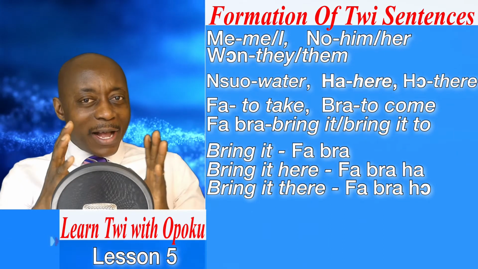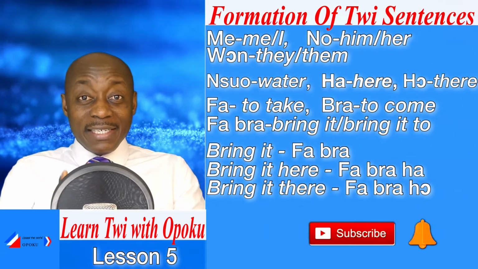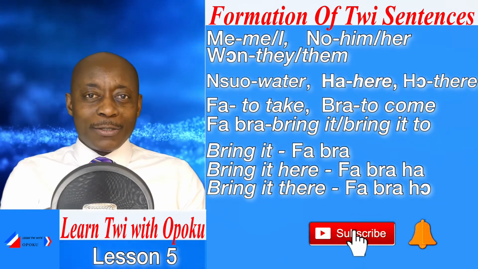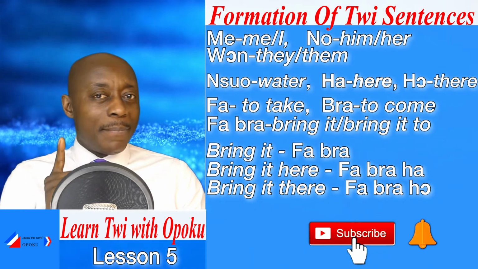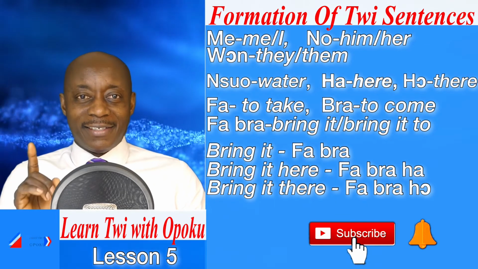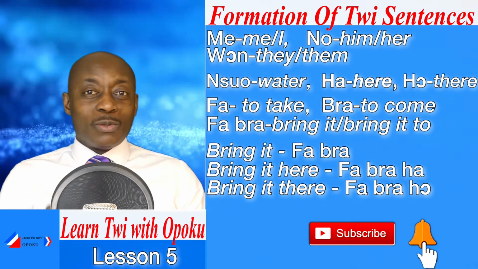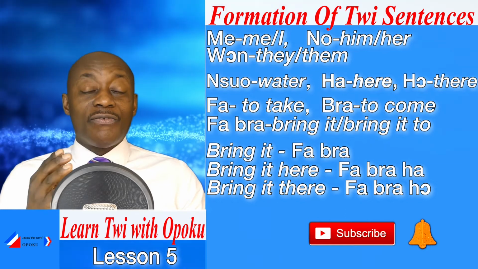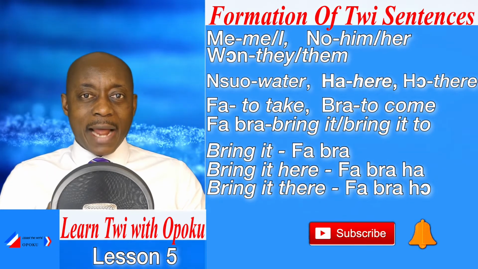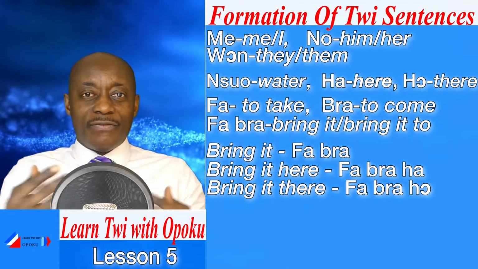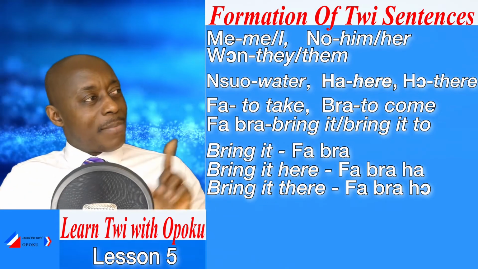Good. You have seen that in all these instances, you were asked to bring something to a place, not to a person. Whenever you are to tell someone to bring something to a place, then you say fabra, then you add the place. Fabra ha, fabra ho.